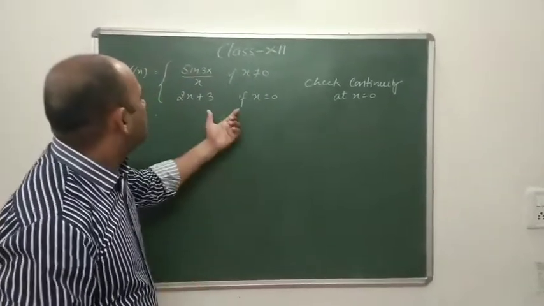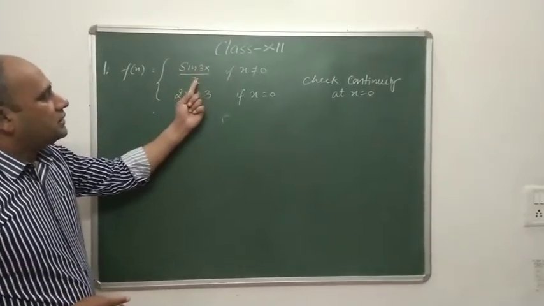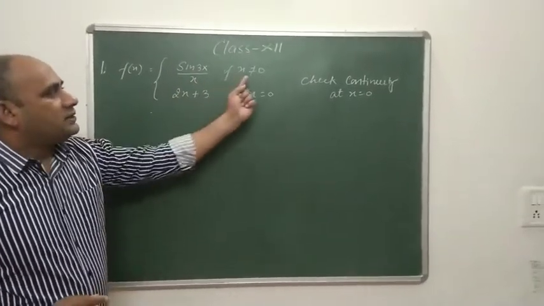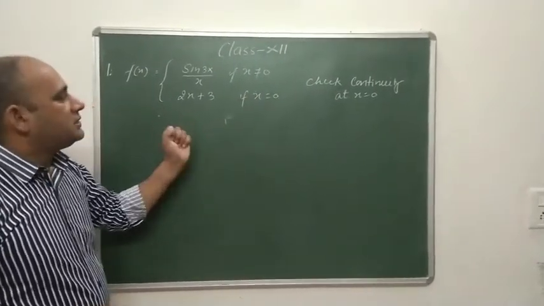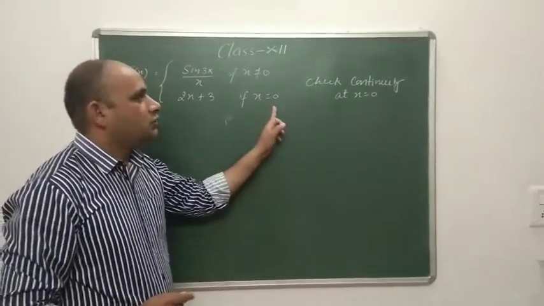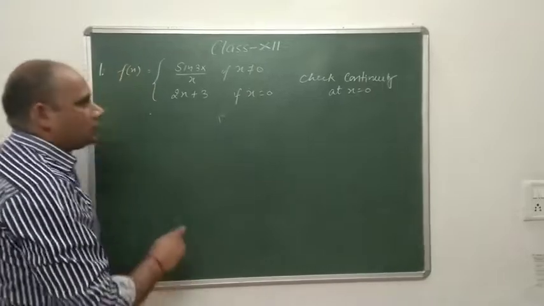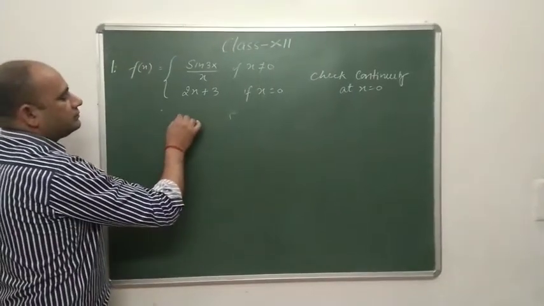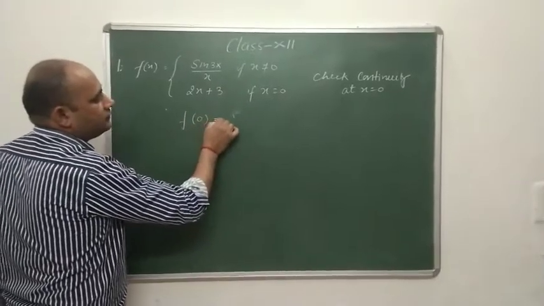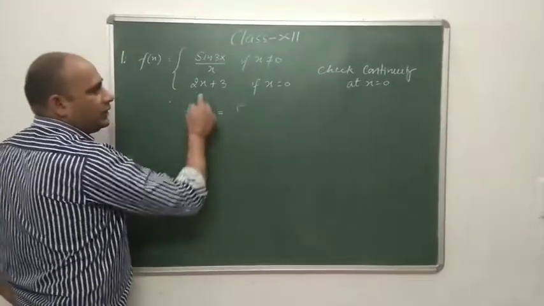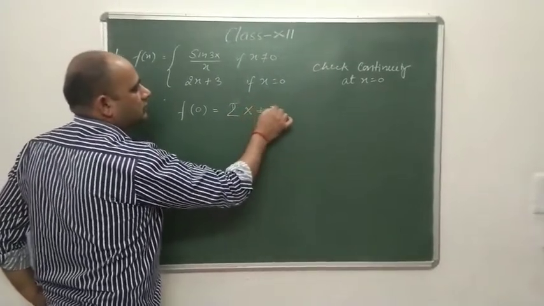Now in our first example, f(x) is sin 3x upon x if x is not equal to 0, and 2x plus 3 if x is equal to 0. Check the continuity. First we will take f(0), where we have 2x plus 3.